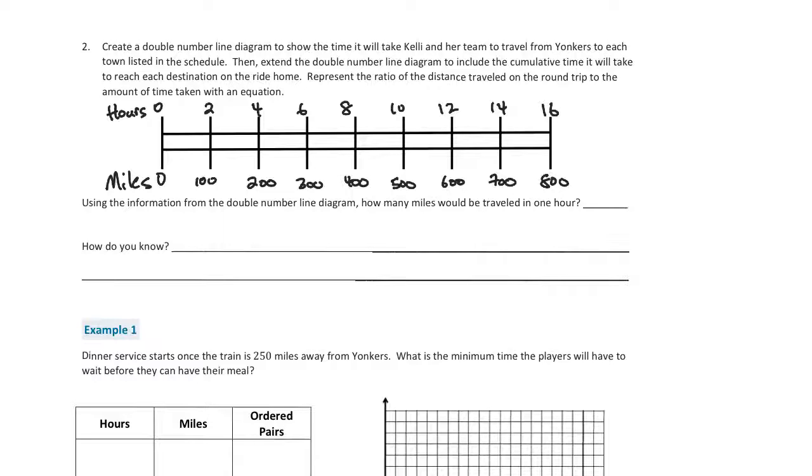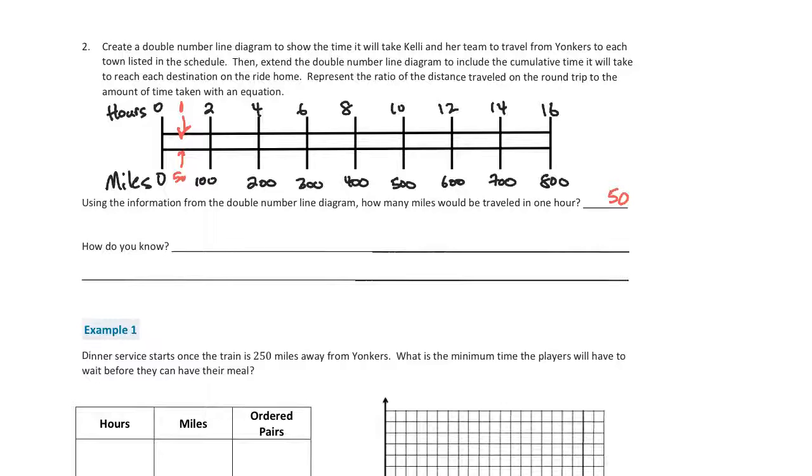So the next part of the question says, using information in the double line graph, how many miles would be traveled in 1 hour? So again, if we look at the double line graph and imagine 1 hour, it divides each section perfectly in half. So this has to be 50. So the train is going at about 50 miles per hour. So 50 in here.